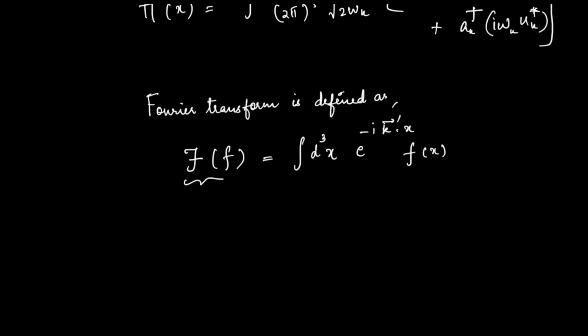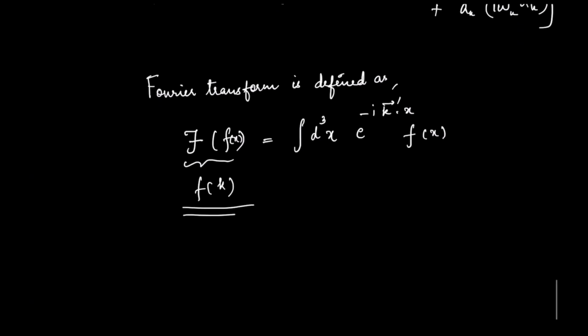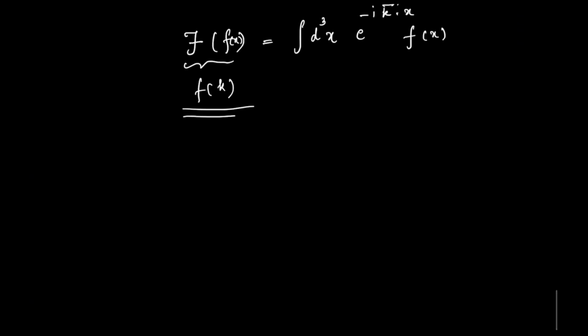Okay, so here the Fourier transform of f of x will be f of k. So f of k is defined as integral d cube x e raised to minus i k prime dot x f of x. So I have to find the field phi of k.